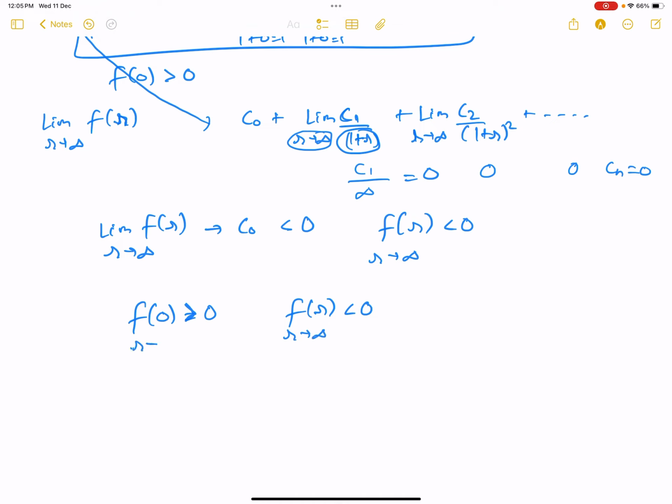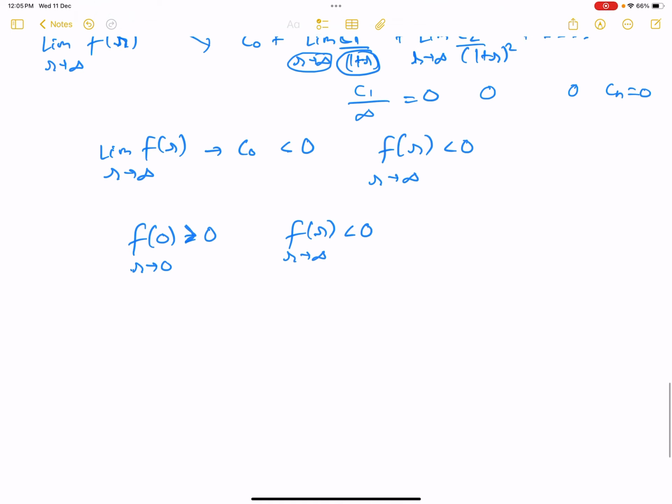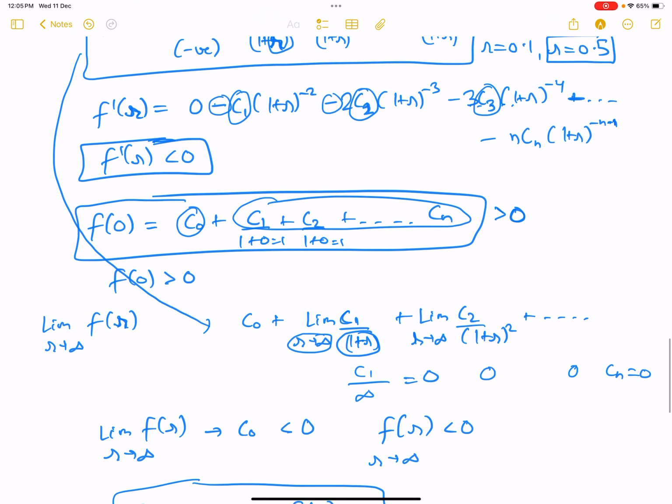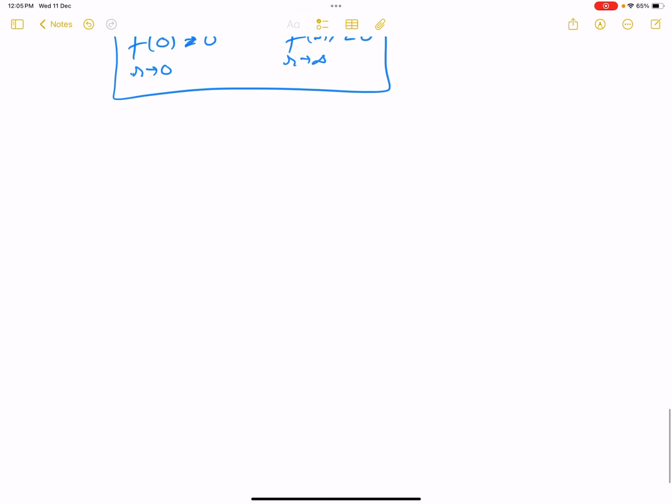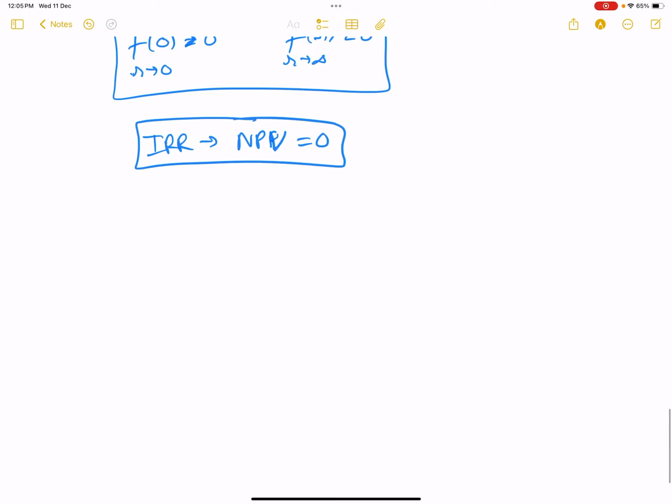Okay, now the internal rate of return is that rate of return which makes the net present value of the stream equal to 0.